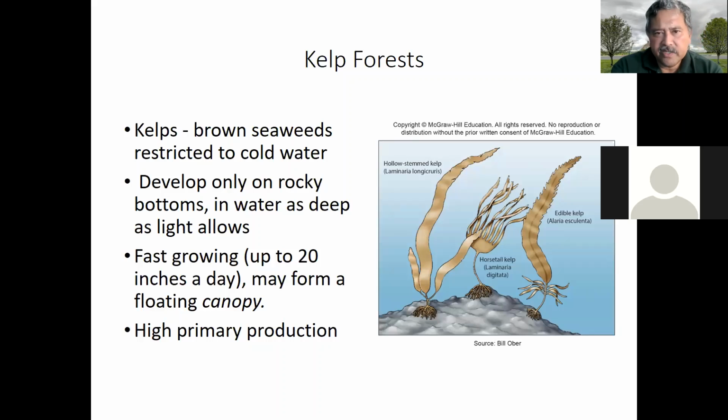The last community I wanted to touch on is the kelp forest, and kelp is a macroalgae. It's a large algae. These are multicellular organisms that are classified in the algae because of their cell structure. They have chitin as part of their cell wall.